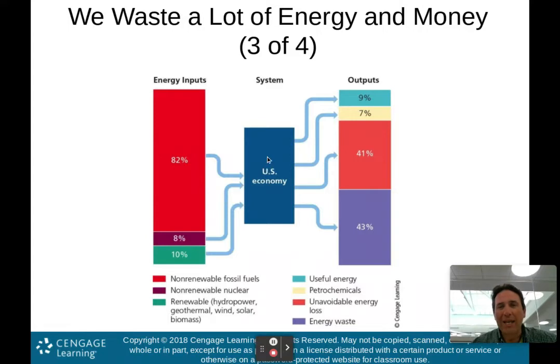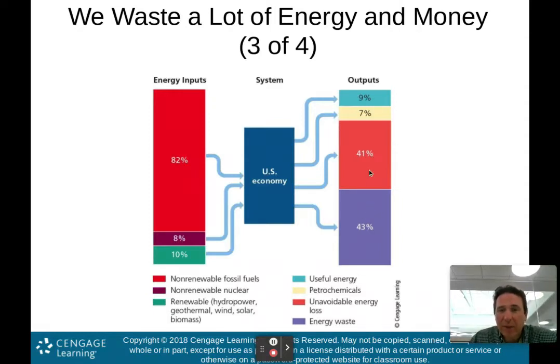But when you put these inputs into the economy, the output is 9% useful energy, and 7% ends up being petrochemicals that can be used. So only 16% of the energy inputs actually comes out as useful for performing tasks. The rest of this, 84% of the energy, is wasted, right?